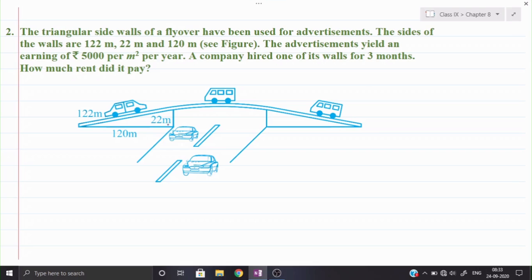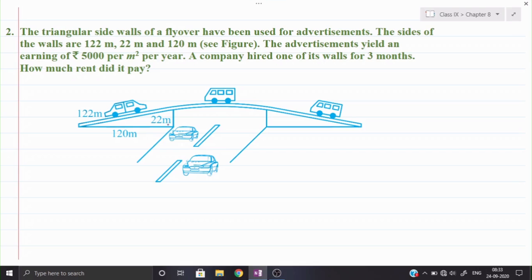Is that area 5000, or 10,000, or 50,000 meter square? Accordingly we can find out the cost of the hoarding to put the advertisement. First, in the initial stage, we will find out only the area.